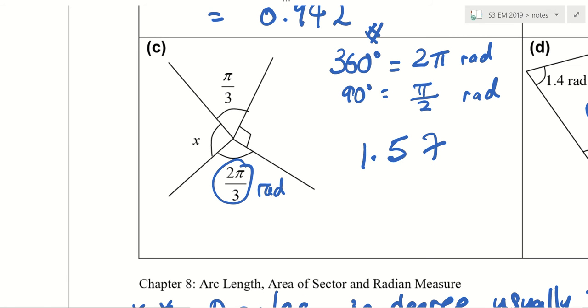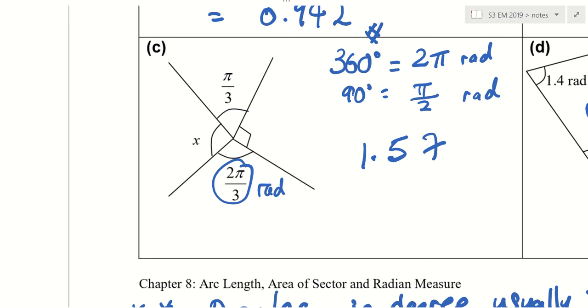Question. Can all of you look at part C now? Answer the question. Before we listen first. Pi over 3, there is no unit. Can it be degree? Why? No, there's no reason behind. But can you explain why pi over 3 cannot be degree? Because it's smaller.